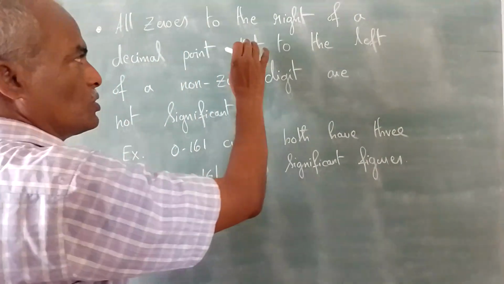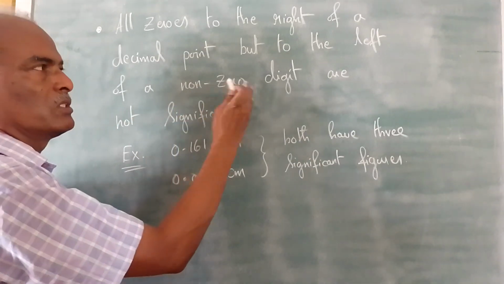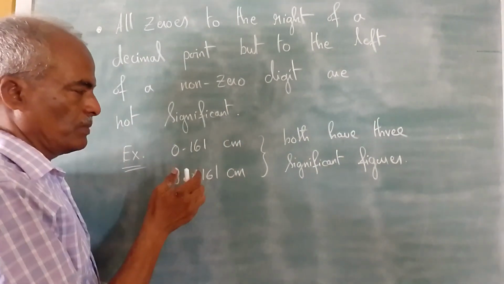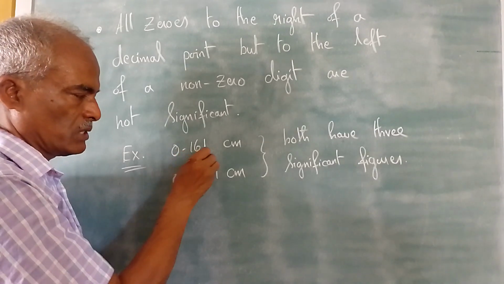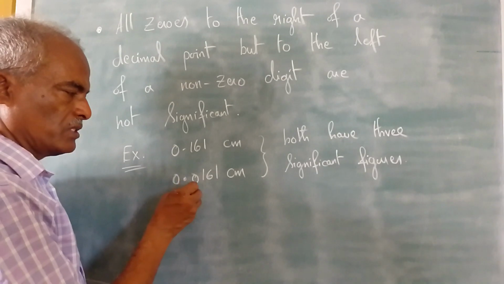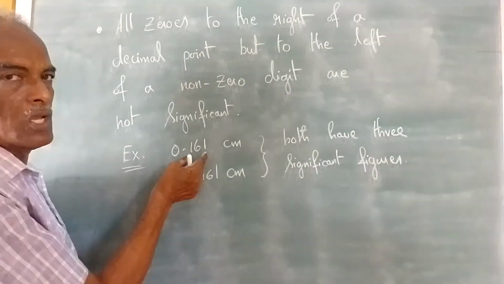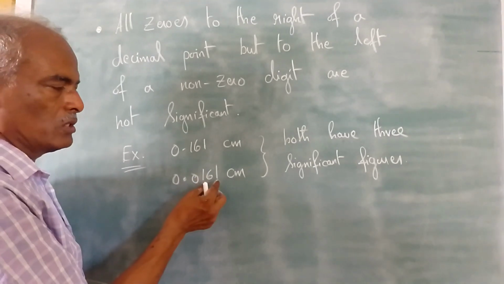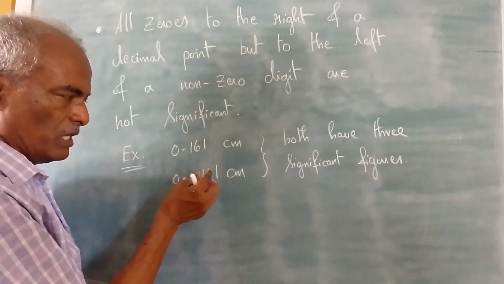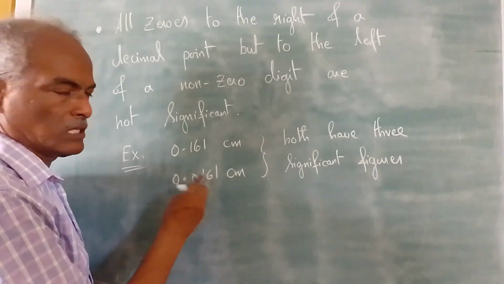All zeros to the right of a decimal point but to the left of a non-zero digit are not significant. So two examples: 0.161 centimeter and 0.0161 centimeter. 161 is a non-zero digit here, and here also 161 is a non-zero digit. But to the left of this non-zero digit we have 0, after the decimal point.